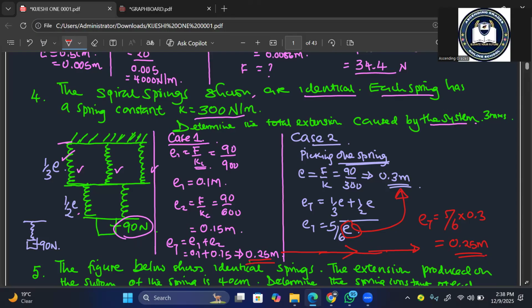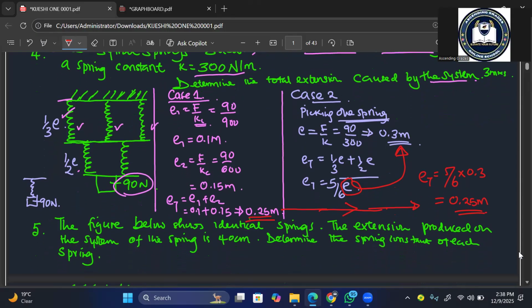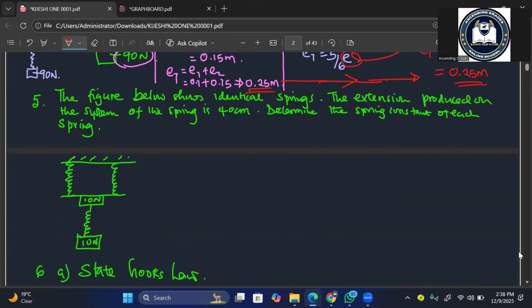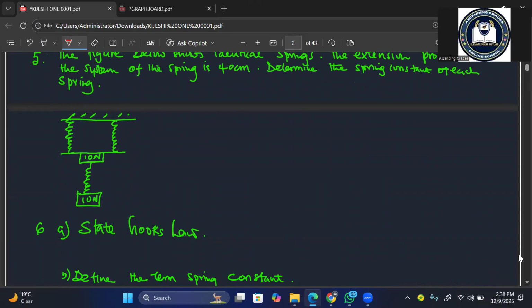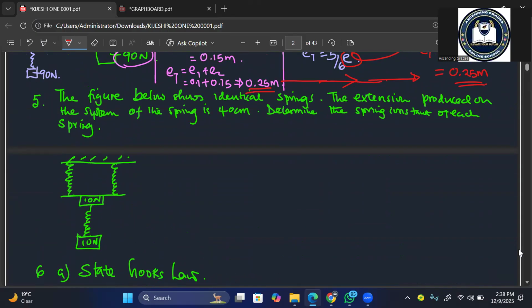Okay. Now we can proceed to question 5. It reads, the figure below shows identical springs. The extension produced on the system of the spring is 40 centimeters.